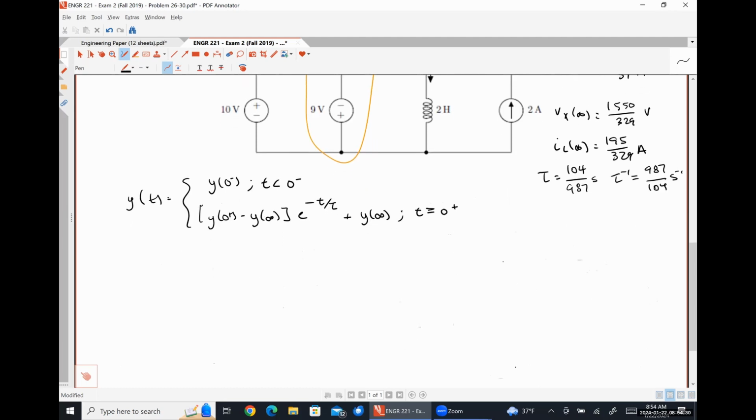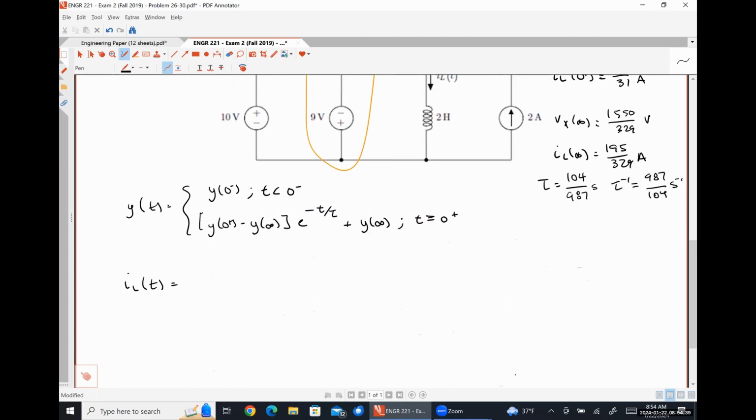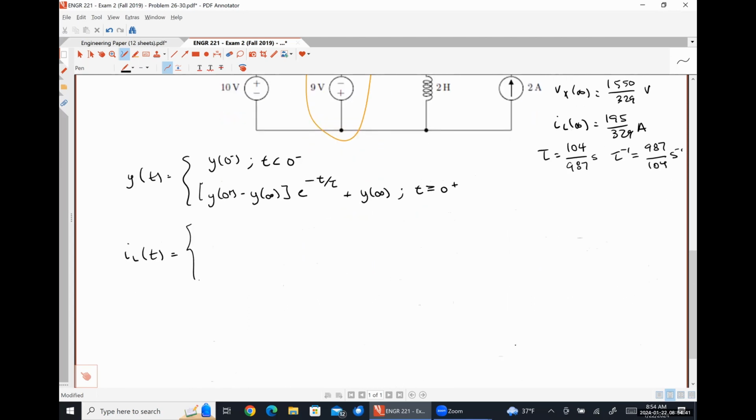So for us, looking at our inductor current, IL at 0 minus was 30 over 31 for t less than 0 minus.